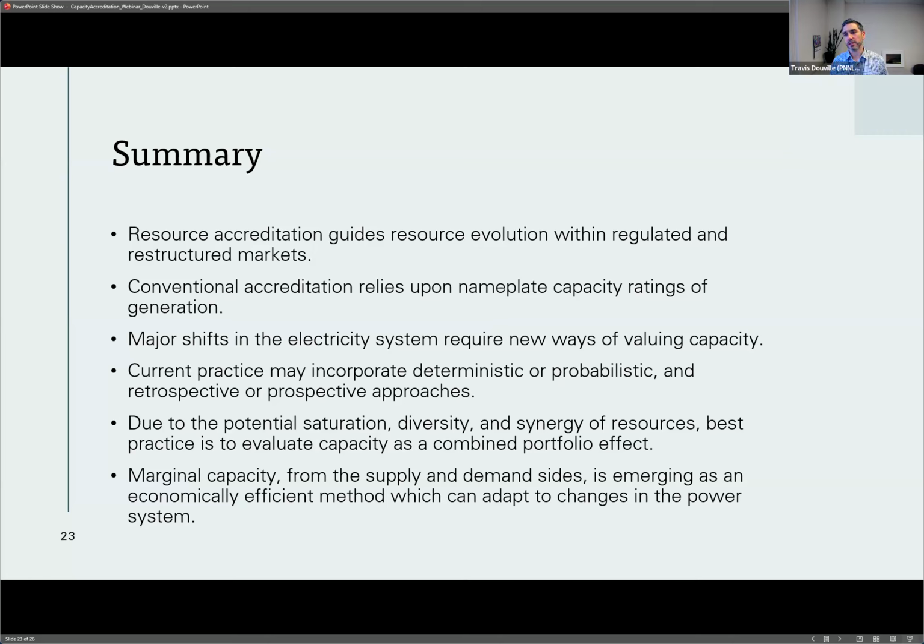Finally, an emerging method, the marginal reliability improvement method, focusing on the marginal capacity from both supply and demand sides was reviewed. It allows for economically efficient signals which can adapt to changes in the power system and may offer the most efficient way to secure long-term reliability at least cost.